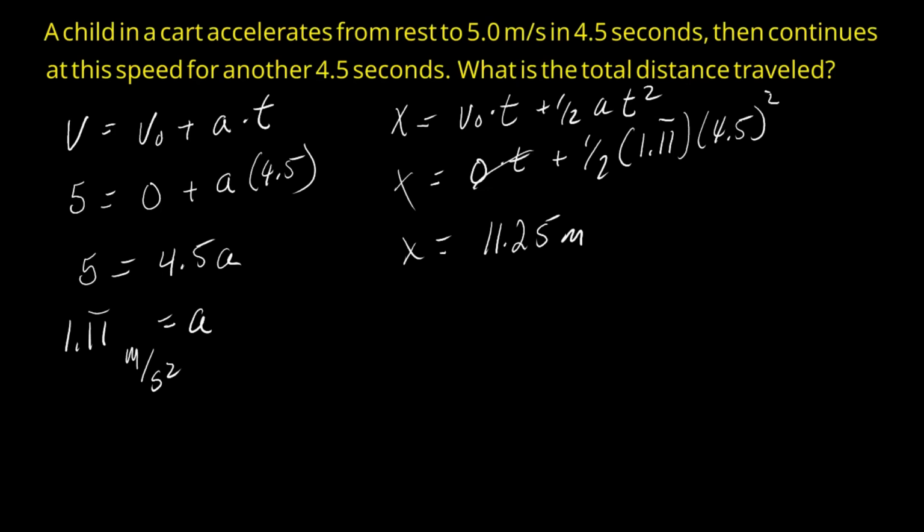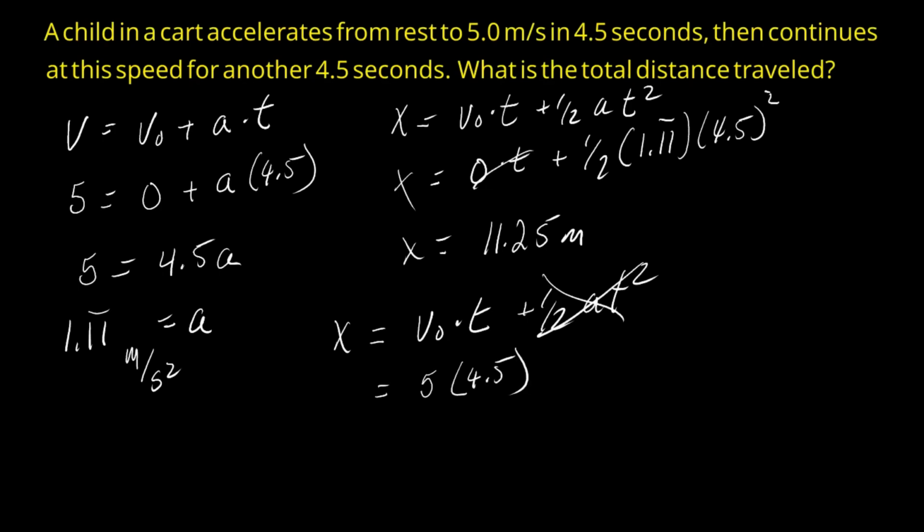Okay, now we're going to be going at the second part, which is going at a constant speed. So this is going to be the initial velocity times time, and we're going to ignore this part. So he's going to be going at 5 meters per second for an additional 4.5.